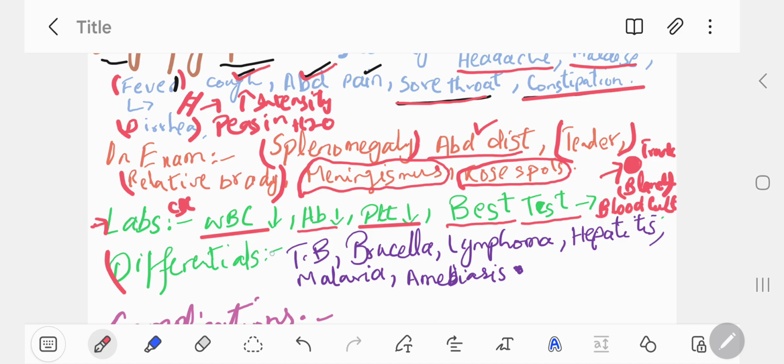The differentials for enteric fever are TB, brucellosis, lymphoma, hepatitis, malaria, and amoebiasis. Malaria and amoebiasis are especially differentials in travelers.